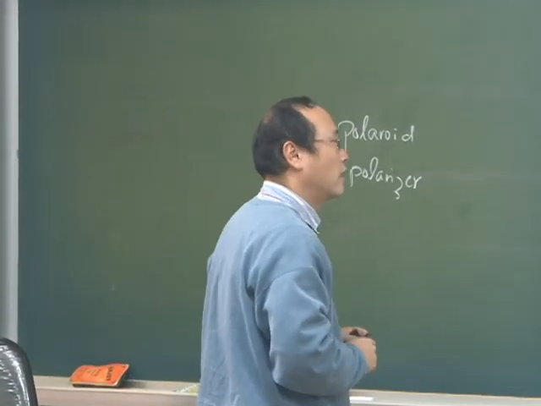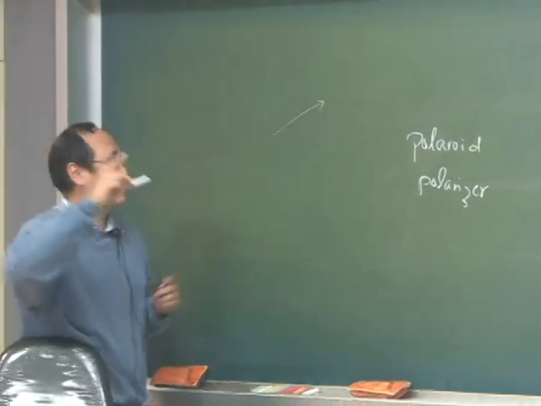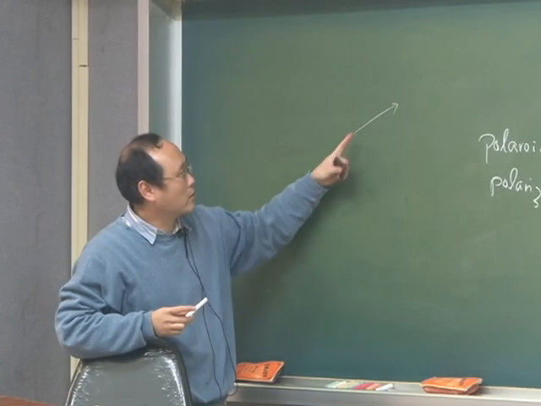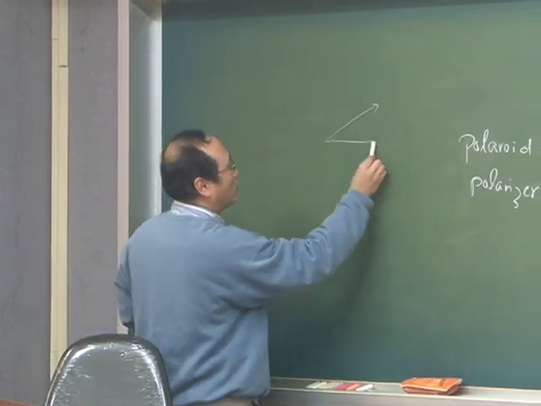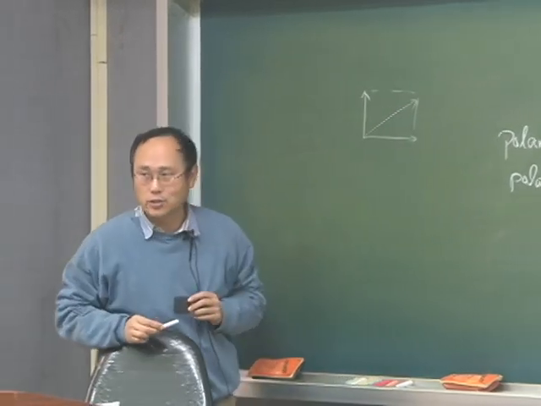Okay, so there's some transmission axis associated with a piece of Polaroid polarizer, and so if you decompose the light, say the light at one instance is polarized along this direction, you can always decompose it into two perpendicular directions.